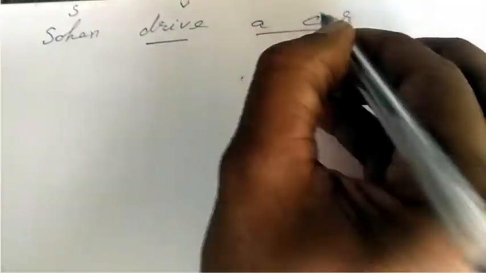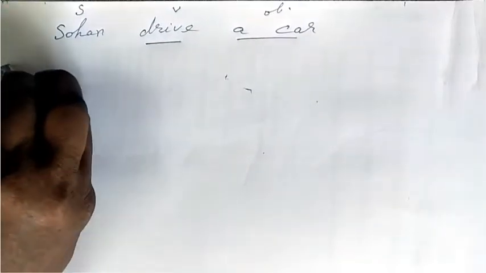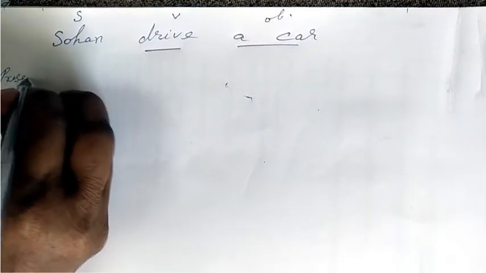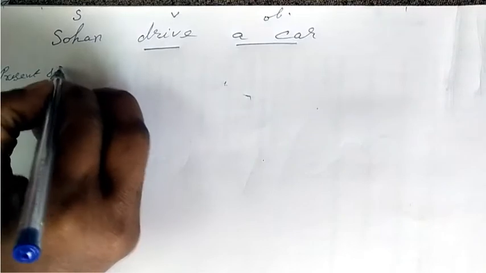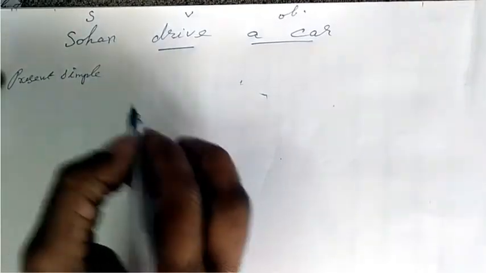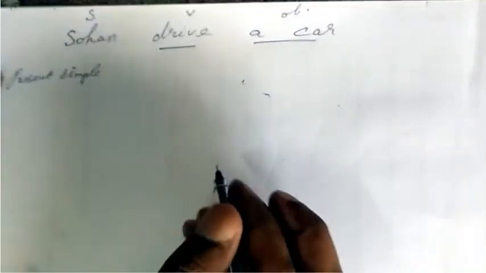Among them, this we are going to use as subject, this we are going to use as verb, and this we are going to use as object. Now you have to be very careful. Suppose we have to write this in present simple tense.